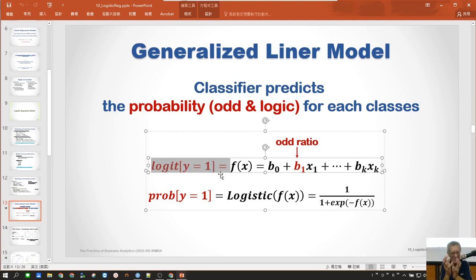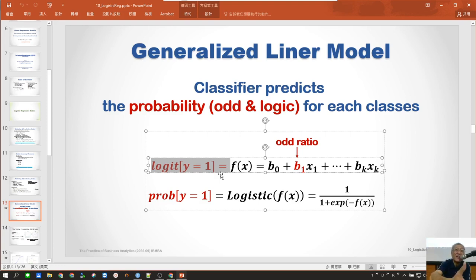But logit of y equal to 1 is a very, very difficult term for most managers. Managers do not know what you say, okay? So usually you need to transform it into probability or transform it into odds at least to interpret the coefficient.